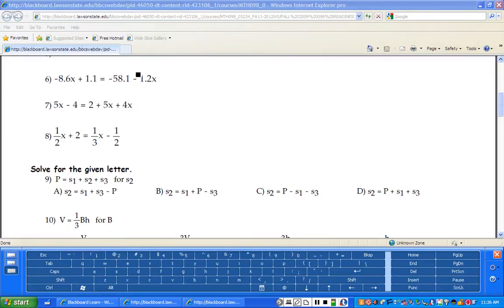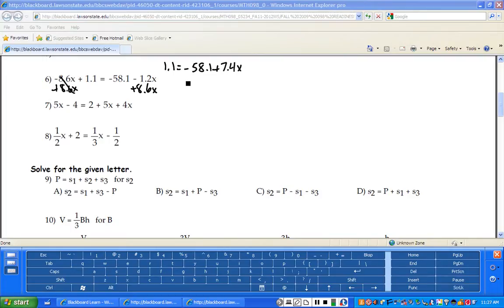Variable on both sides, moving the smaller to the bigger, so I'm going to add 8.6x to both sides. Cancels here. 1.1 equals negative 58.1, and my negative 1.2 plus 8.6 gives me a positive 7.4x.